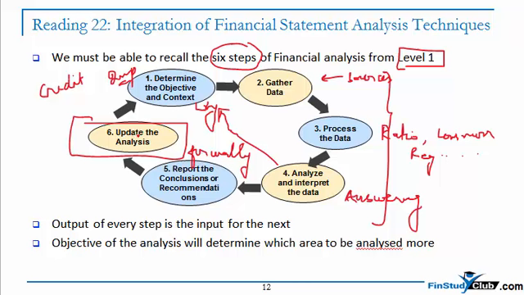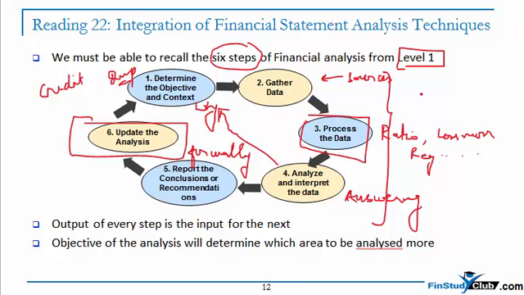Commonsensically, if you look at your core books and different books, the output of every step is going to be the input of the next step. Fairly simple, I hope that is very clear. So give me a commonsensical answer: if I'm talking about processing the data, what is the input for this?